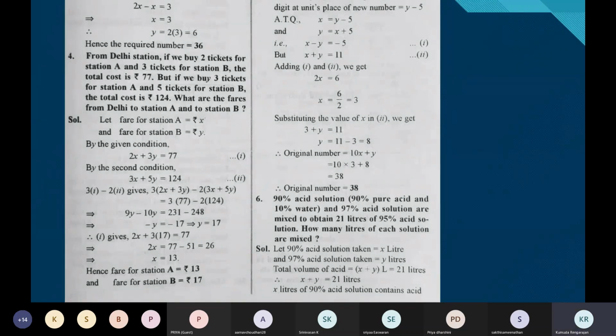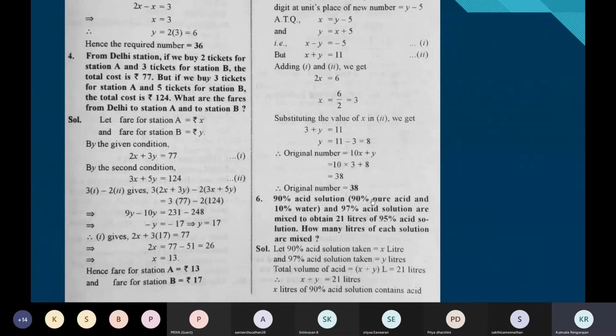When it's concentrated, it's completely acid. When it's dilute, it's a mixture of acid and water. So here the solution has 90% acid, which means the remaining 10% is water. And 97% acid means 97% pure acid and the remaining 3% water.